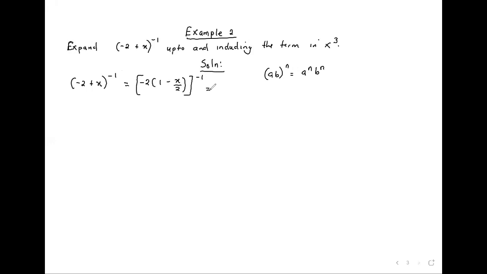So that here we have (-2) to the power -1 multiplied by (1 minus x over 2) to the power -1. Now we also understand that if you have x to the power -1, in most cases we write it as 1 over x. So this becomes 1 over -2 multiplied by (1 minus x over 2) to the power -1.